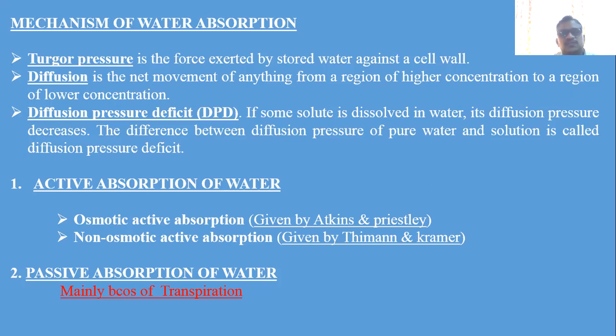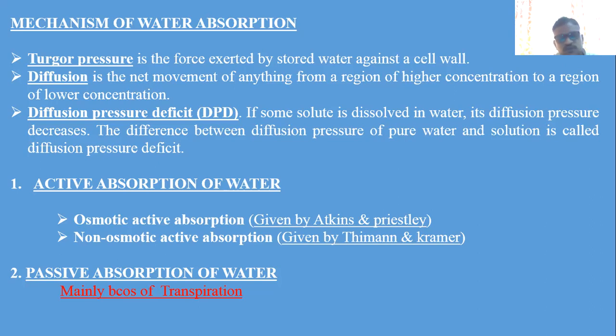As much water is lost in the form of transpiration, that much water is absorbed by the responsible cells, that is xylem, and this cycle is happening again and again.